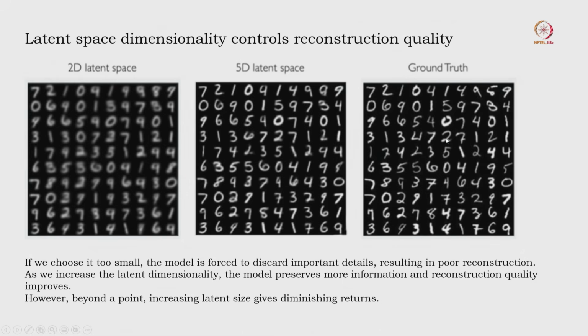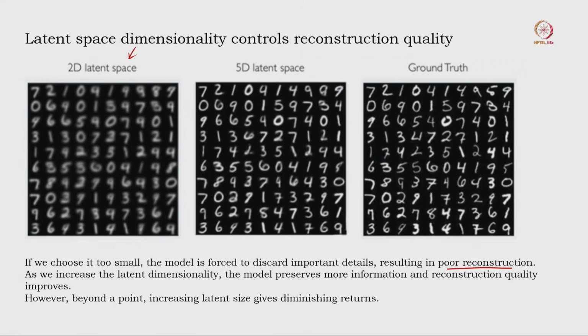Now, the most important thing here is the latent space dimensionality. Whenever we are defining the latent space, although it is a hyperparameter, we have to control this and fine tune it properly, because if the latent space size is too low or very small, then the reconstructed output quality will be very poor.